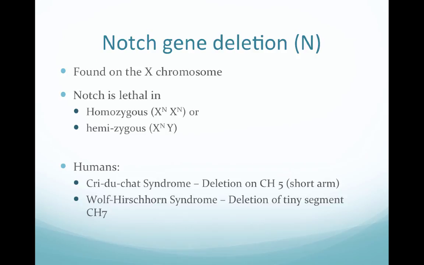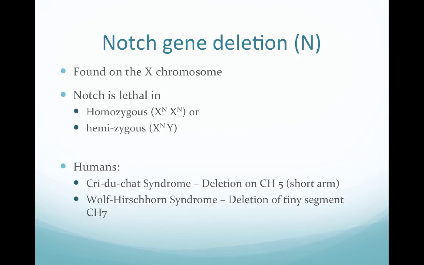So keep in mind that Drosophila have an X:A ratio sex determination, and that'll become a little more apparent when we work through some of the other chromosomes and sex determination stuff.